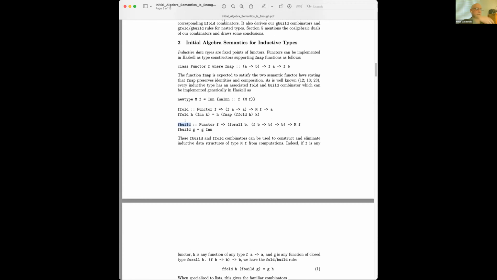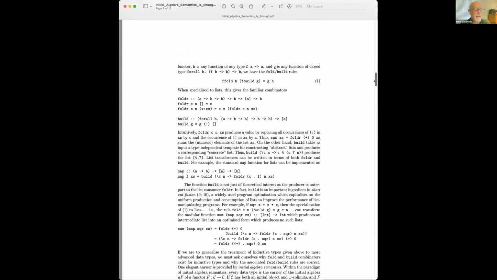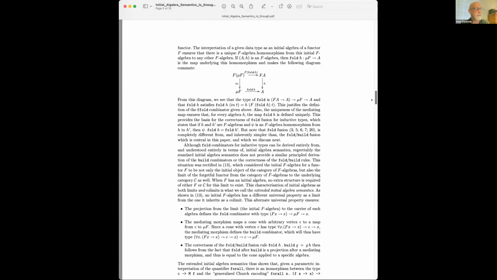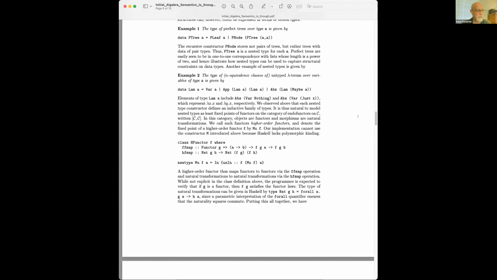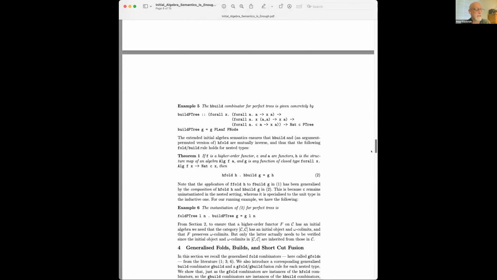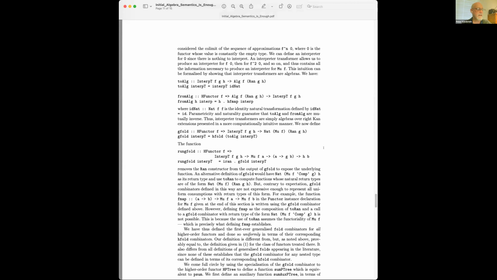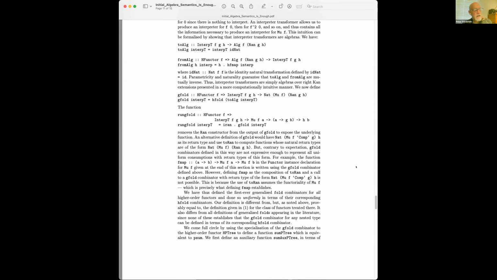And build is the opposite, where you're constructing a data type from stuff. It gets into some category theory stuff, and then these higher order functors, and generalized fold build. Basically the whole thing is that this initial algebra semantics can actually work on all these different things.